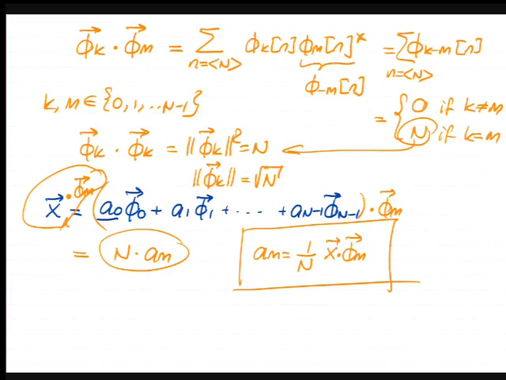If you take this expression, write it out explicitly using this definition of the inner product, you'll get the same expression as the analysis equation we had in terms of the summation, right? But this is much nicer looking. It's an inner product. So all you're doing here really is, because you have an orthogonal basis, when you view your signal as a vector, x, you're really projecting this onto the kth basis vector, right?